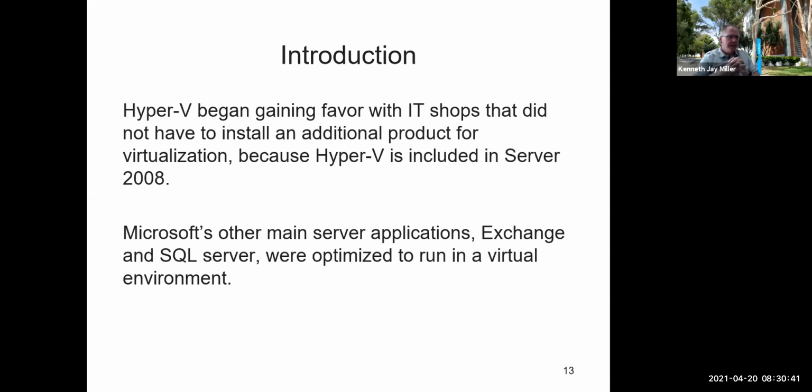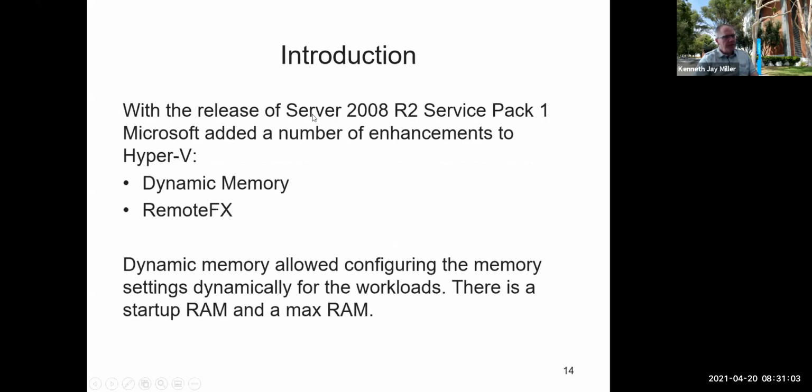So if you want to use Exchange or SQL, which are really common enterprise server applications, they've optimized it to work in a virtual environment. So if you have Hyper-V and you want Exchange, boom, it'll pop right in there and work optimally. All right. Now, with the release of Server 2008 R2 Service Pack 1, Microsoft added some more features. So they have dynamic memory and RemoteFX.